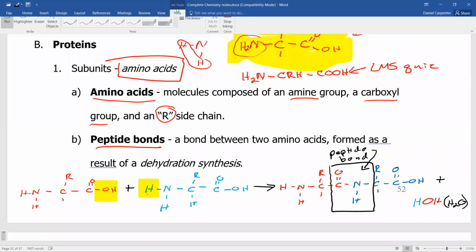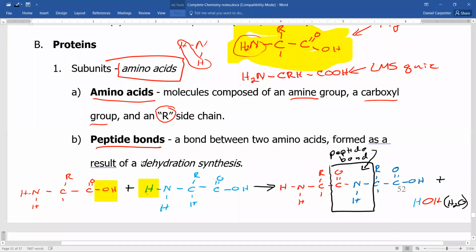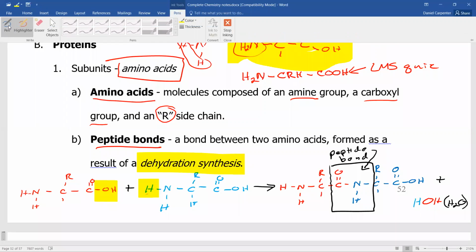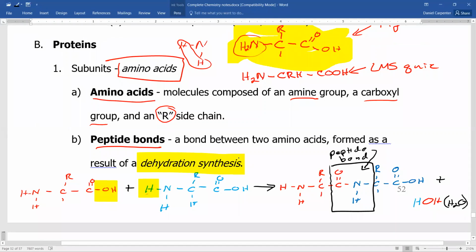Now, this term dehydration synthesis is fairly important. This is a dehydration synthesis. The synthesis means it made a bigger molecule and the dehydration means dried out.